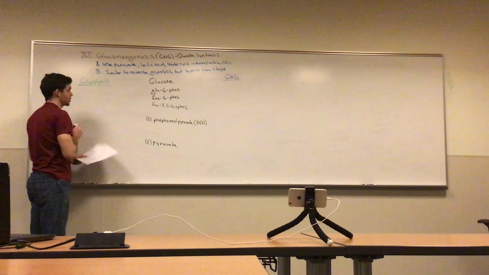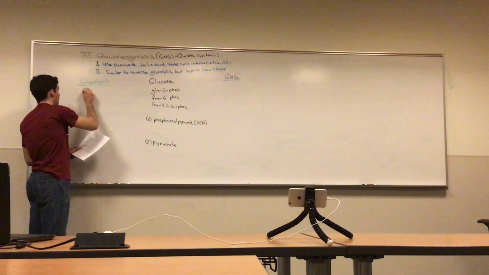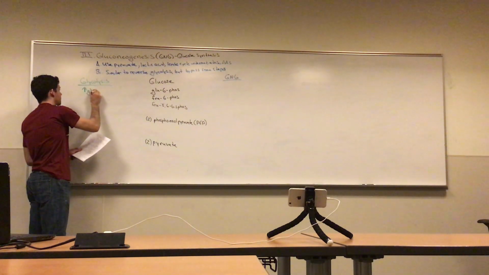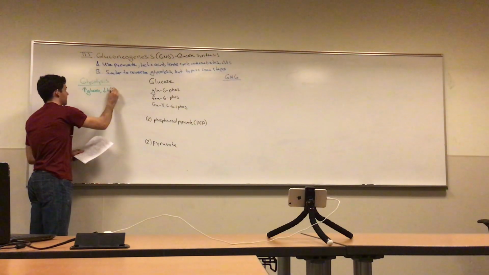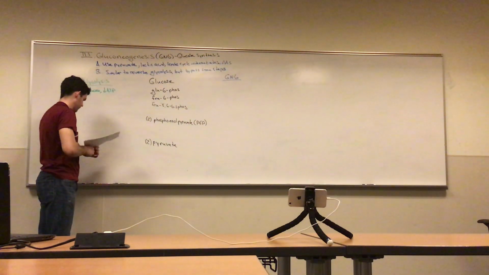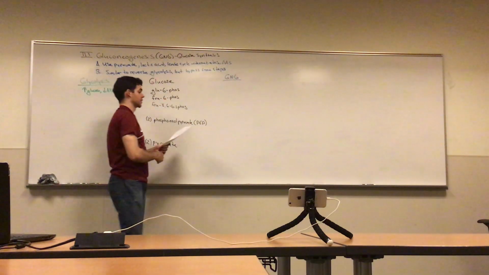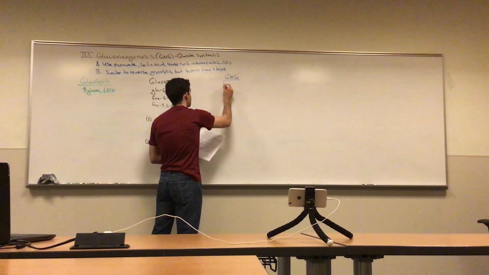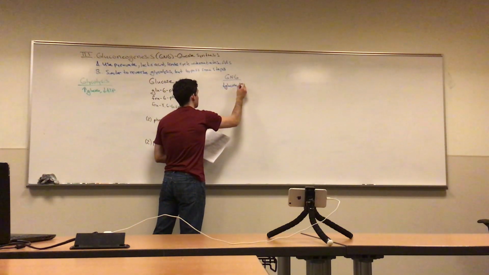So the idea is we do glycolysis when we have a lot of glucose and not a lot of ATP. We do gluconeogenesis when we have not so much glucose, but we have stored ATP.